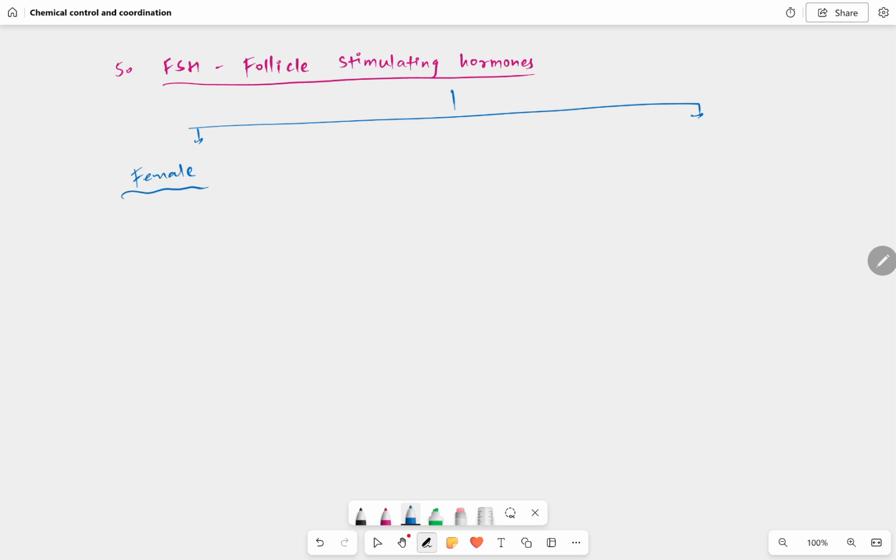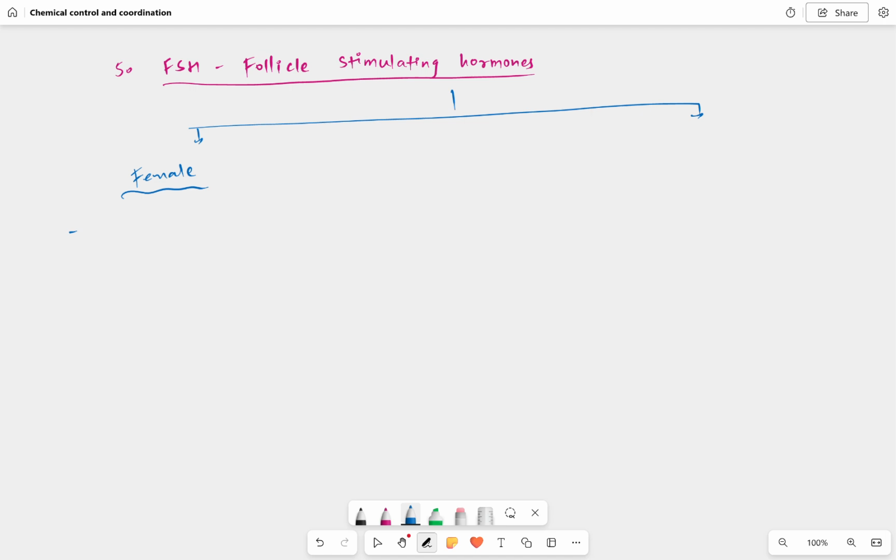So what it is doing in female, if we try to recall, or we'll cover it in the later reproduction chapter, is that the female often goes through cyclic change in the ovary and the menstrual cycle.